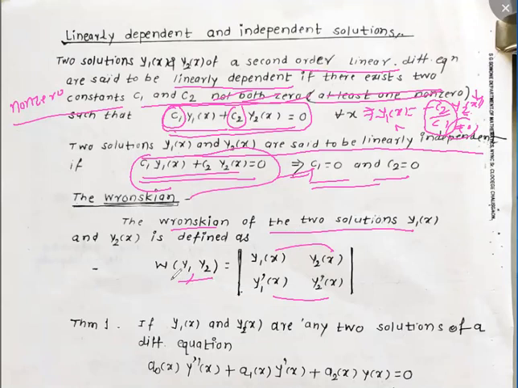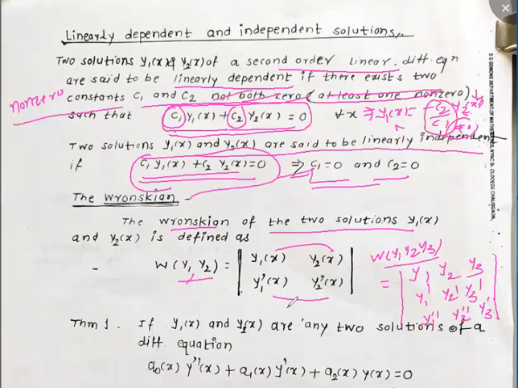Similarly, we can write the Wronskian of three functions y1, y2, y3. It is a determinant with first row y1, y2, y3, first derivatives y1 dash, y2 dash, y3 dash, and second derivatives y1 double dash, y2 double dash, y3 double dash. A 3 by 3 determinant. So the Wronskian is a determinant. For two solutions it is 2 by 2, for three solutions it is a 3 by 3 determinant.